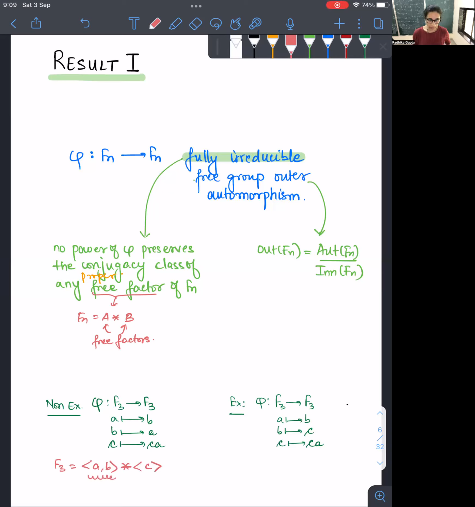It's not fixed, but it's preserved. So this is not a fully irreducible automorphism. Whereas in the second example, I claim that this is a fully irreducible automorphism. These automorphisms are very mixing. They don't preserve any free factor.